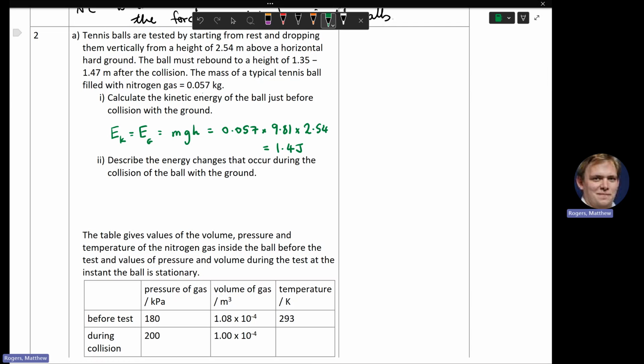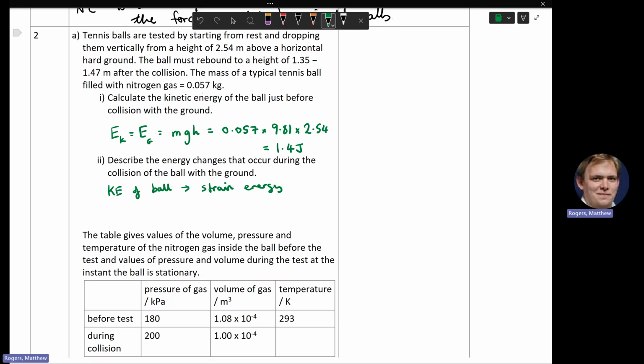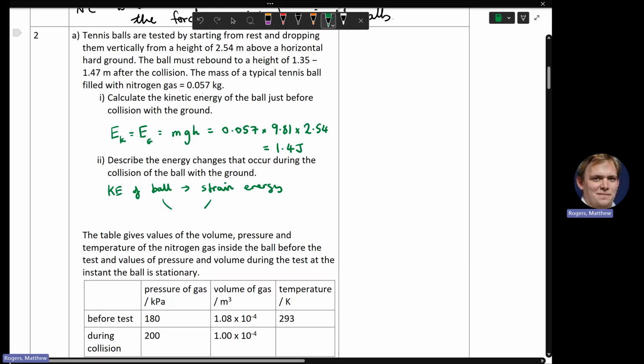Describe the energy changes that occur during the collision of the ball with the ground. So the kinetic energy of the ball initially goes to some strain energy as the ball is squashed on the floor, and then we've got a transfer from both of those that goes into the thermal, or perhaps we prefer to call it the internal energy, of the gas inside, the ball and the floor.